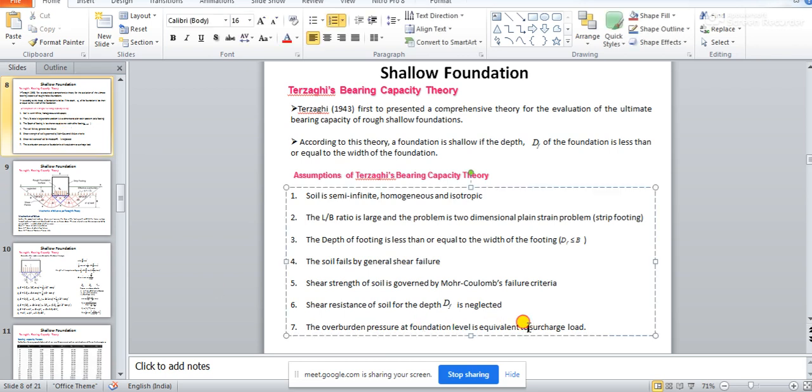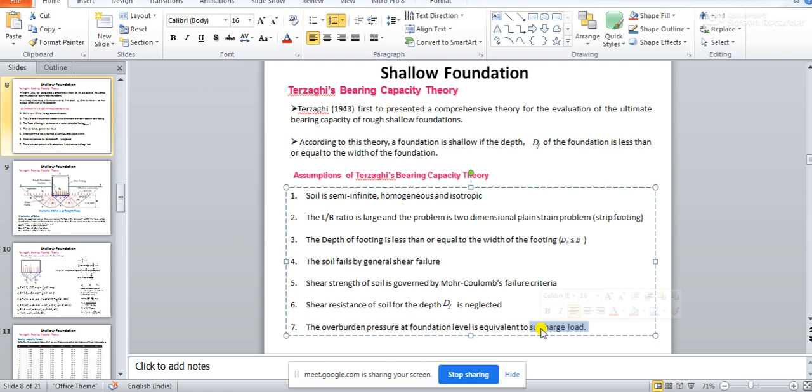Surcharge load. Yes, surcharge load. See, overburden pressure at foundation level. At the foundation level, if you want to find out what is the load acting, that will be calculated using the unit weight of the soil multiplied by the depth of the foundation, and basically that is your surcharge load.